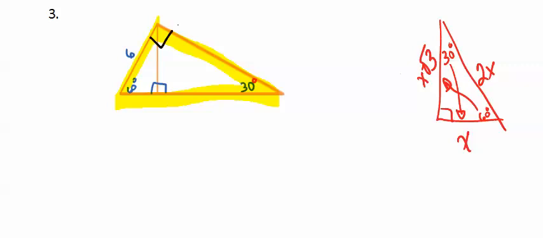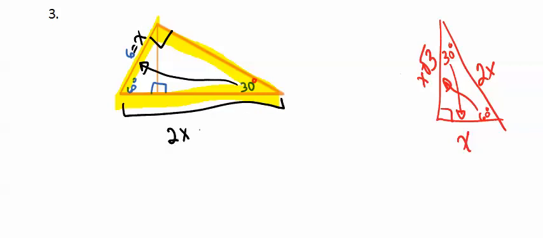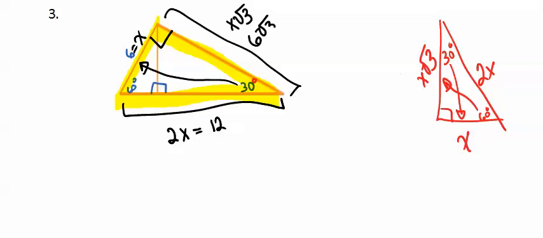That means this has to be 90 degrees. And the 6 is across from the 30, which means it's an x. And that means the hypotenuse is 2x. So 2 times 6, which will be 12 for the full length. And you can either do the Pythagorean theorem or a simple substitution for the length over here of x square root of 3, which would be 6 square root of 3.